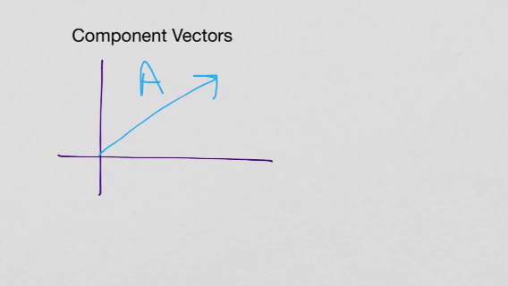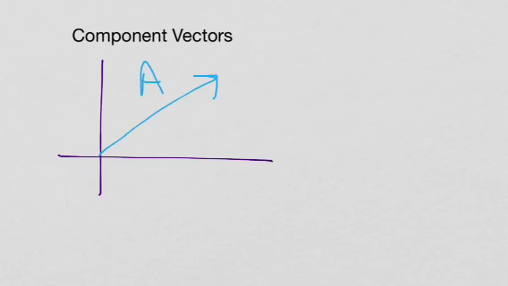So let's think about vectors in this way. If you have a vector on a coordinate system, I'm going to focus mostly on the first quadrant here. Let's say you have a vector A. You could agree that vector A can be discussed merely in both the magnitude and direction of vector A as it is.